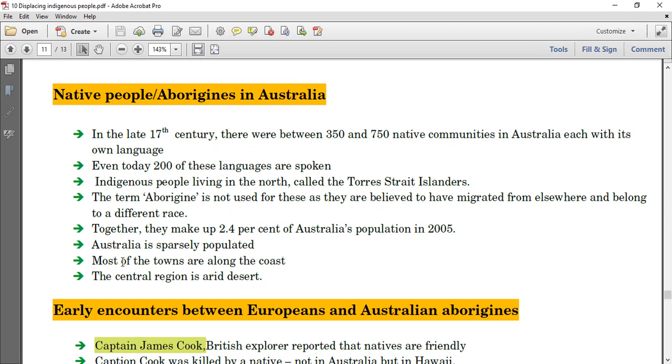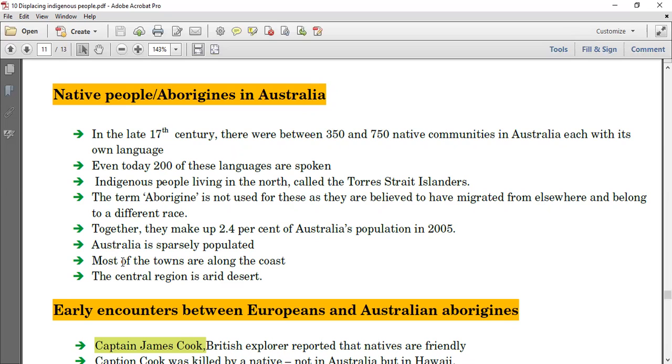The term Aborigines is not used for these people because they are believed to have migrated from elsewhere and belong to a different race. Together, these people made up 2.4% of Australia's population in 2005.